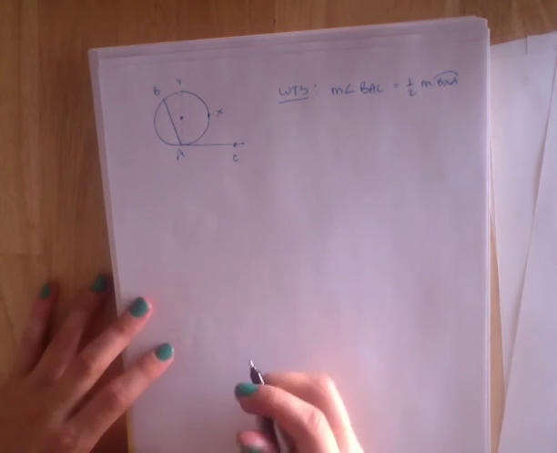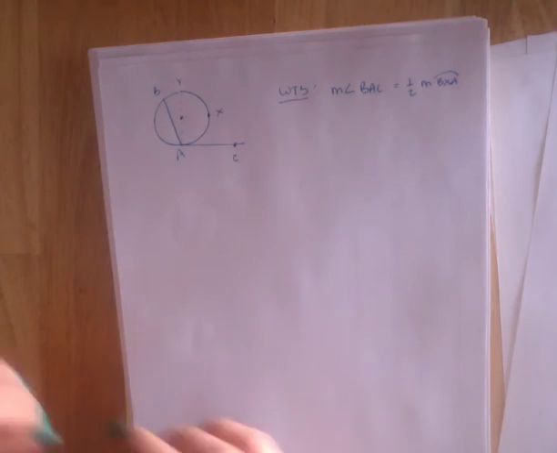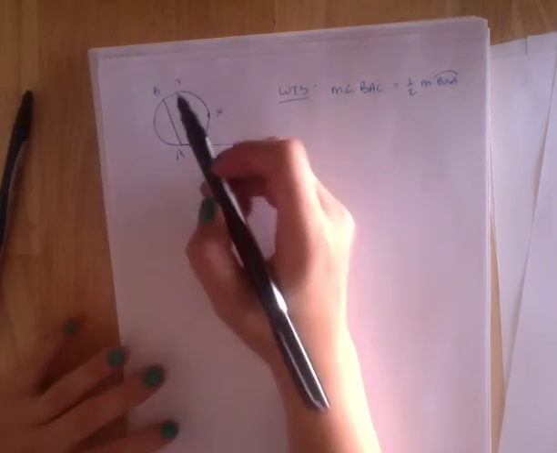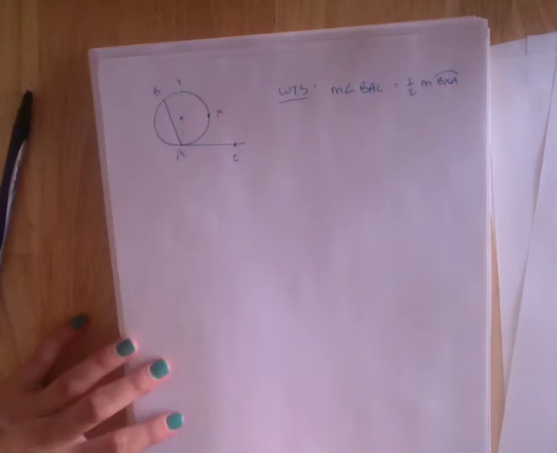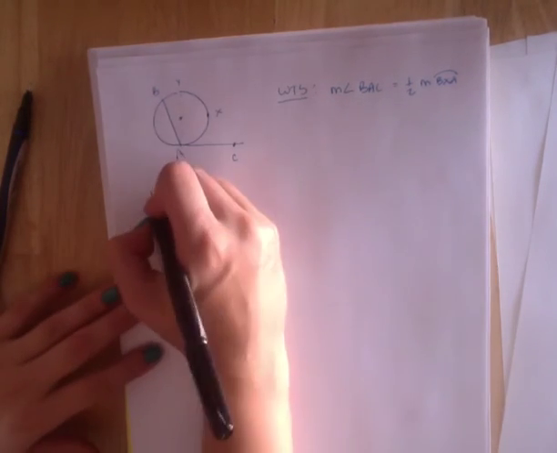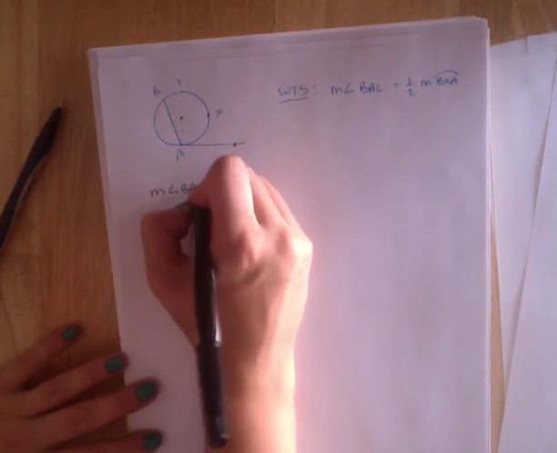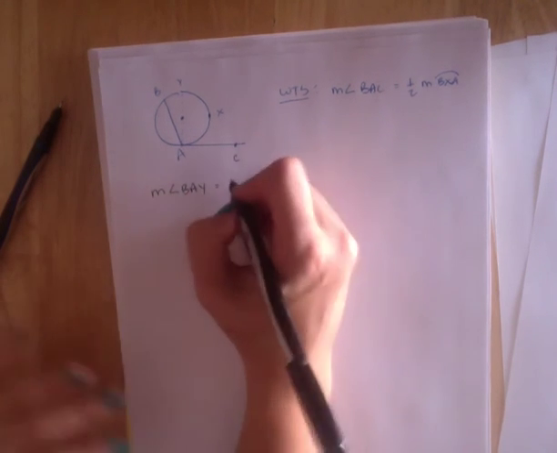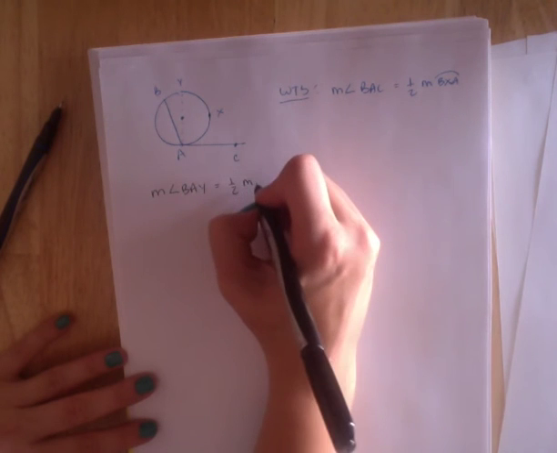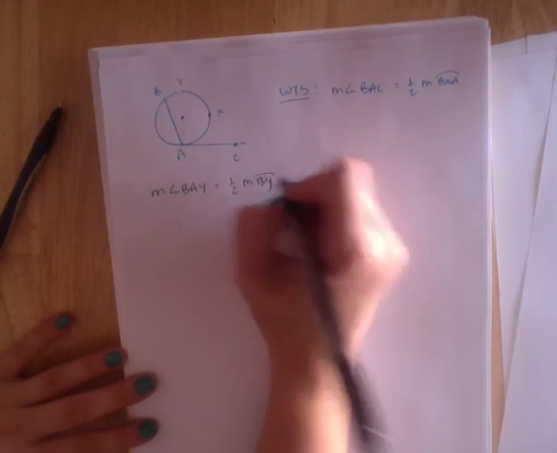Okay? Now, we can see that BYA, I have an inscribed angle, and I know that the measure of angle BAY is 1/2 the measure of the arc BY.